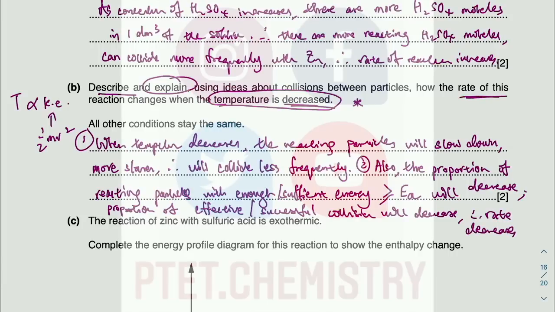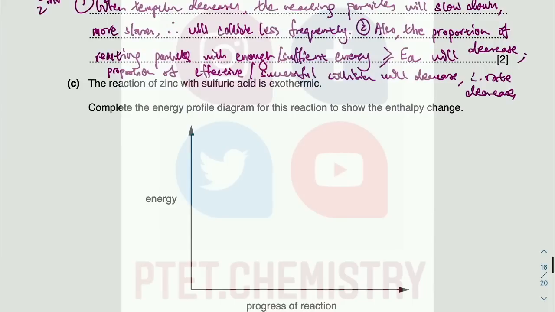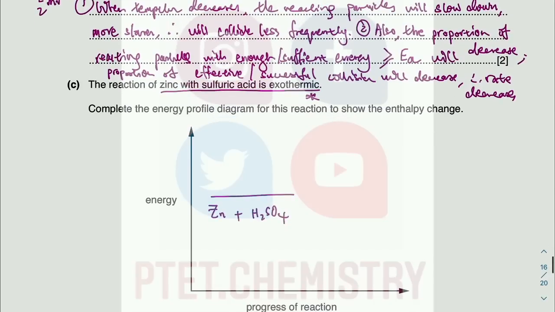All right, zinc plus sulfuric acid is exothermic, so we know from there, if I start from there, zinc plus sulfuric acid, then I know it will go through a hump, and the energy level of the product will be lower than the reactant, because exothermic reaction means from the start to the end, single-headed.